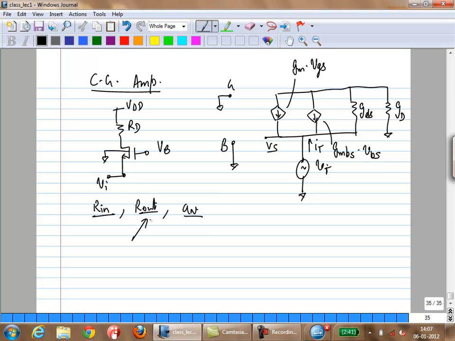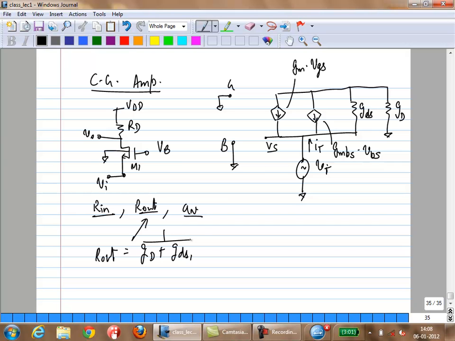Rout is probably the simplest, right? So what is Rout? What is the output impedance of the common gate? It is 1 over GD plus GDS1.